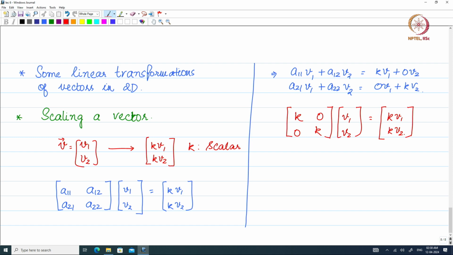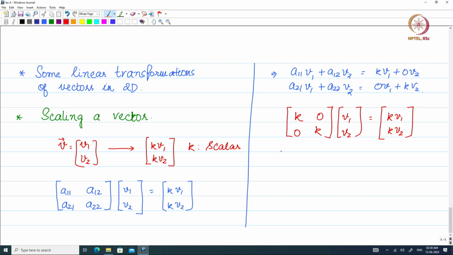That means, depending on the value of k, if k is more, the vector gets elongated. If k is between 0 and 1, then the vector is contracted, and if k is 0, you are going to get the 0 vector, and if k is negative, you are going to go in the opposite direction. Yeah, okay.